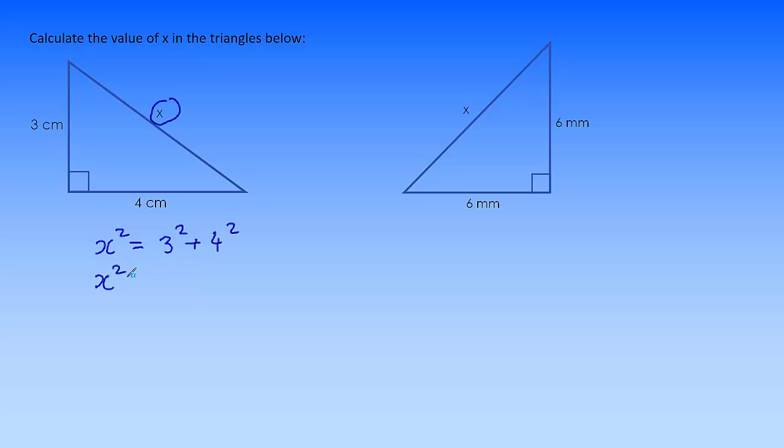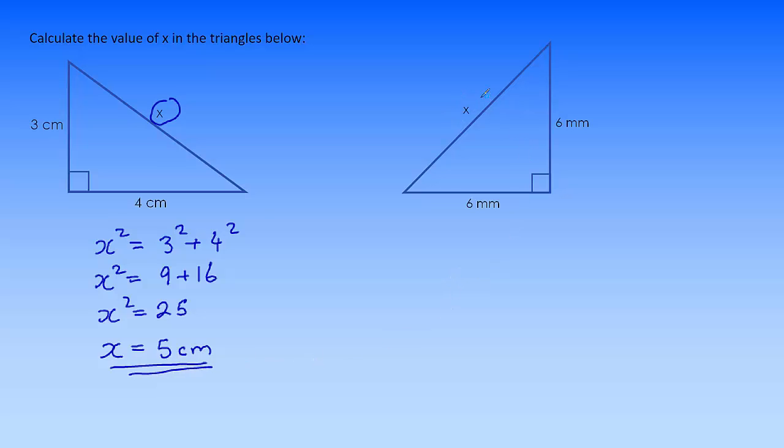So that means that x squared is going to be 9 plus 16. x squared then is equal to 25, and x must then be the positive square root of 25, which is 5, and the units here are centimetres.